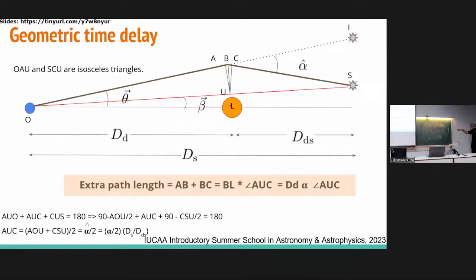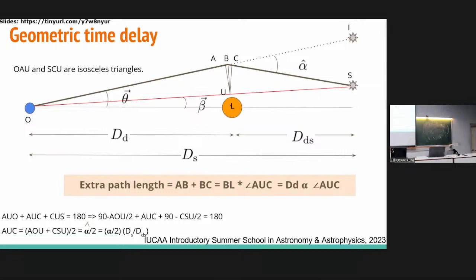So you get AOU plus CSU by 2. Now what is AOU plus CSU by 2? What is this angle? So this just turns out to be alpha, and that is because this angle should be the same as the summation of this angle and this angle.